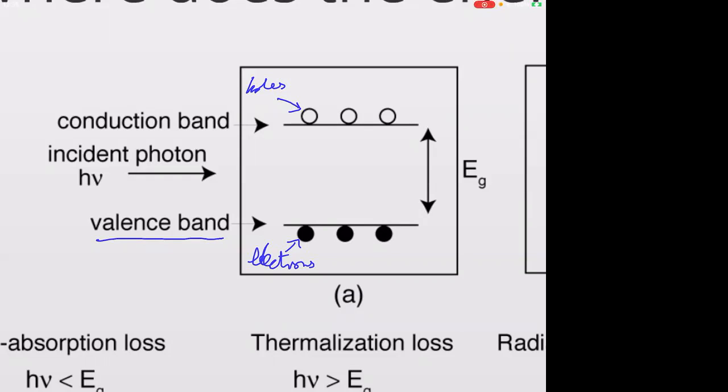They're waiting for an electron to occupy. Now, when an incident photon comes in with some energy h nu, now keep in mind that we also have something called the band gap, which is this for the semiconductor, Eg, which separates the valence band and the conduction band. Now, when the incident photon comes in with an energy h nu, there are many things that can happen.